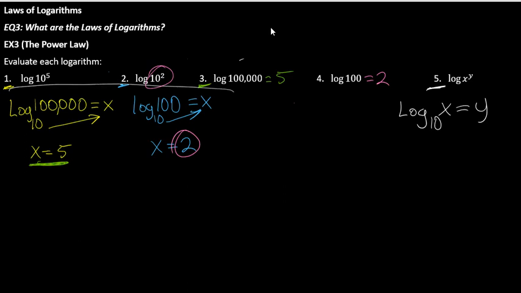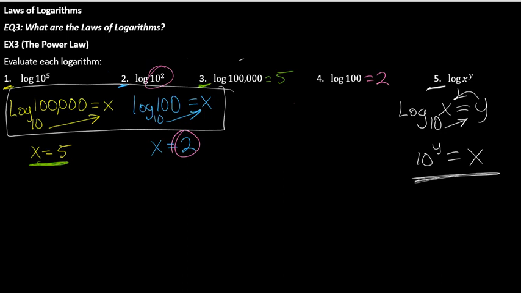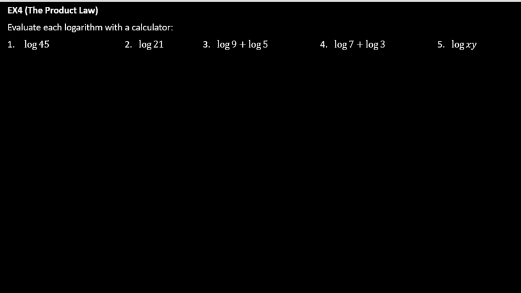And again, we're just going to follow what we saw over here. We're saying 10 to what power equals x. So 10 to the y is going to be equal to x. Okay, so this is how we would quote-unquote solve it, right? It just depends on what you're given, okay?